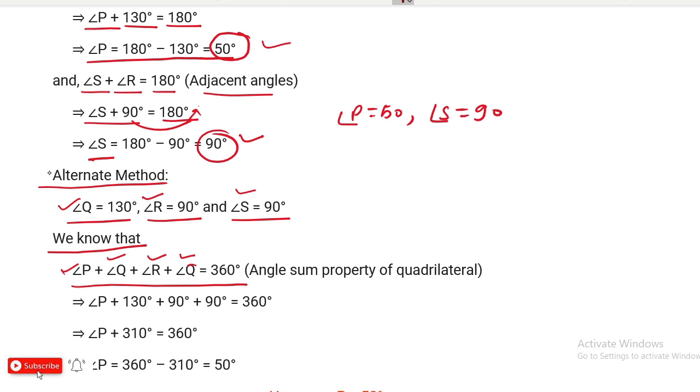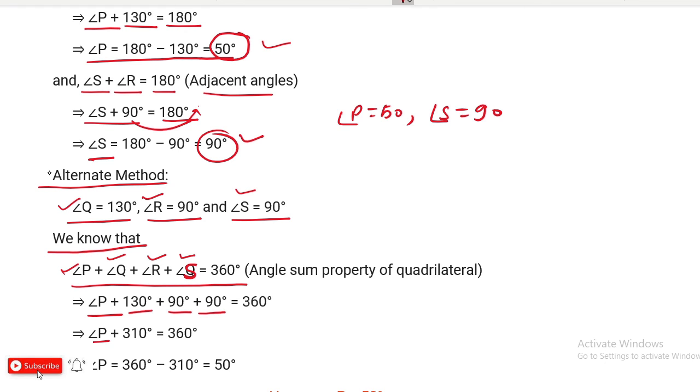This is S, not Q. Angle P plus the value of Q, 130, the value of R, 90, and the value of S, 90, is equal to 360.